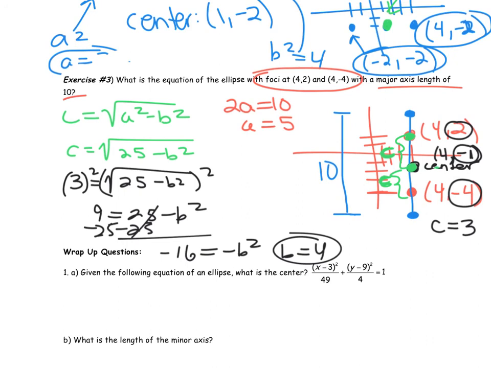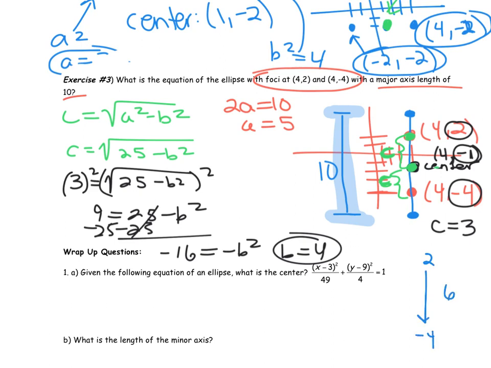Let's get those vertices on either end. If this has a total length of 10, well, right now we're going from 2 to negative 4, which is a length of 6.